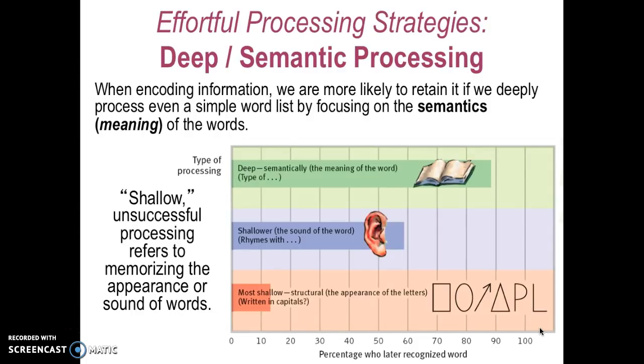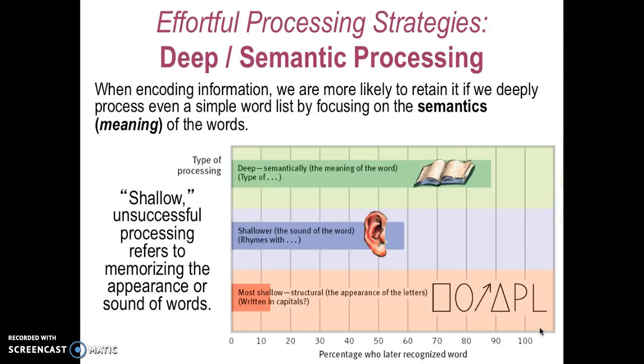So we go into deep and shallow semantic processing. So there are 2 different types here. Deep is when you're talking about the meaning of the words. This is more the semantics. So you're thinking about what does this mean? Oh, it means this, and you're connecting it with previous information that you've learned. You're applying it to a real world situation. That's deep semantic processing.